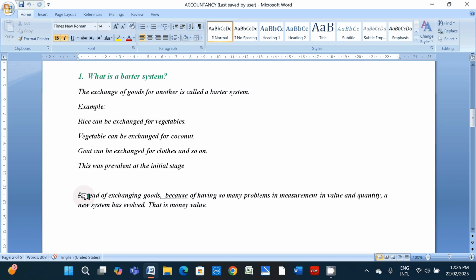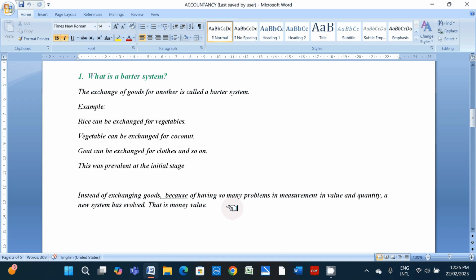Afterwards, instead of exchanging goods, because of having so many problems in measurement, value and quantity, a new system has evolved. That is called money value.